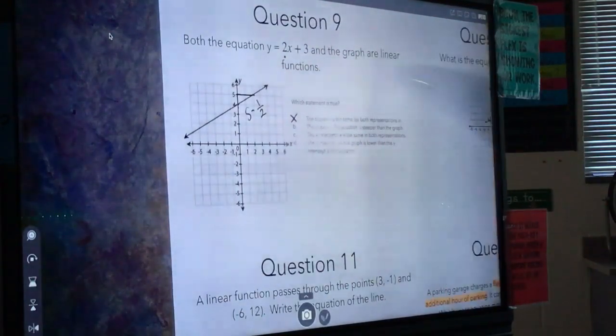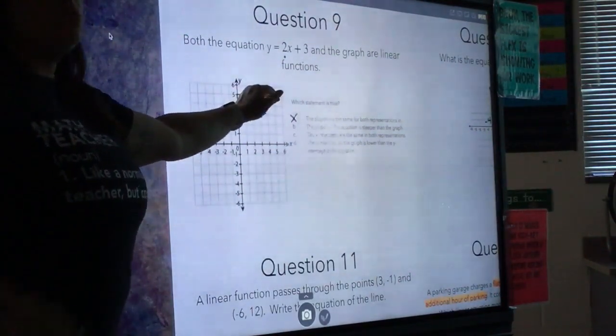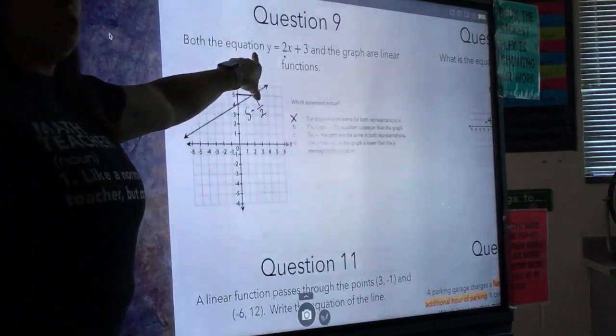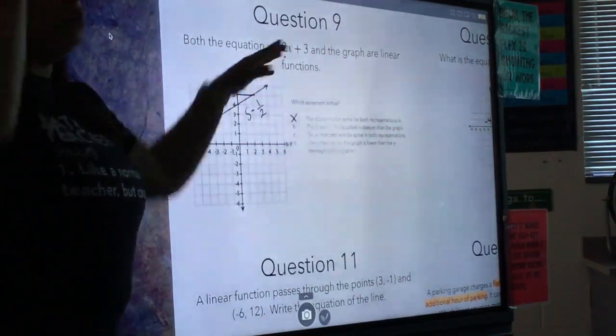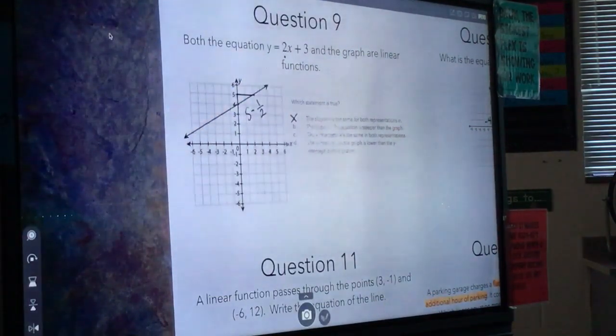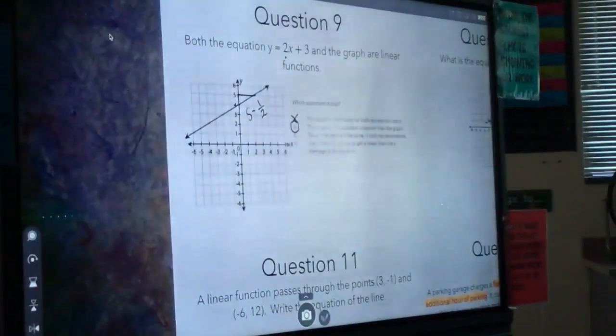Do you know why this one is correct? Remember, right now the slope for this line is half, so it goes up 1 over 2. The slope for the equation is what? 2, so it goes up 2 over 1. So which one is more steep? Up 2 over 1 or up 1 over 2? Up 2 over 1. So then you know that the correct answer is B. You do want to read through the other two just to make sure.